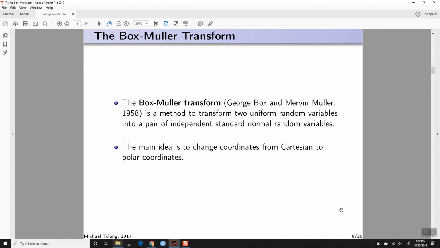Okay, so these two guys, George Box and Mervyn Mueller, created this thing to turn random uniform values into a pair of standard normal random variables, okay? The big idea is we go from Cartesian coordinates to polar coordinates.